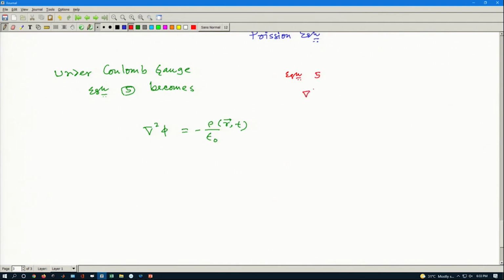Equation 5 was this: the gradient of phi plus del t of the divergence of A, equal to minus rho by epsilon naught, where rho is a function of r and t. That was my equation 5, and under Coulomb gauge I should put the divergence of A equal to 0, that is the condition of the Coulomb gauge. So this equation 5 becomes this.